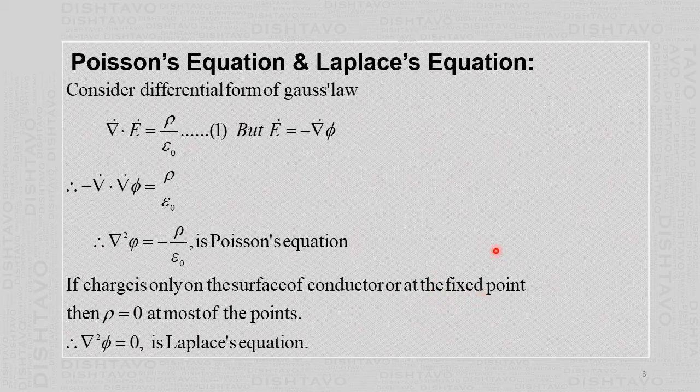Then in most of the region, the charge density is 0. So charge density will be there only at a point, or in this case on the surface. So for most points, we can say rho equal to 0. By substituting rho equal to 0, we get del square phi equal to 0. This del square phi equal to 0 is called Laplace's equation.